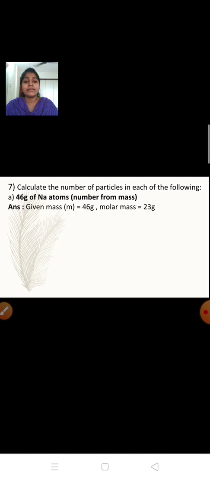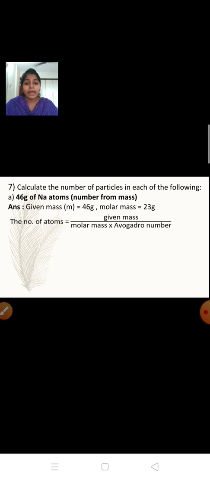First, what is given? Mass is given, small m, that is 46 gram, and molar mass is equal to 23 gram. Now molar mass means we know the atomic mass of sodium is 23 U, and when that 23 is expressed in gram, it becomes molar mass, that is 23 gram. Now for this we have a formula.